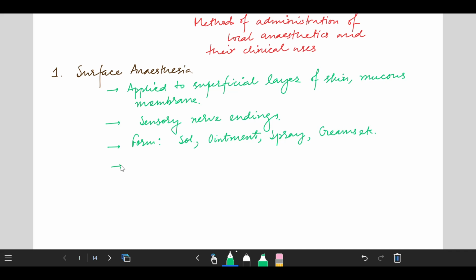It is used for nose surgery, mouth, and urinary tract surgery, etc. So, clinical uses are nose, mouth, or urinary tract.